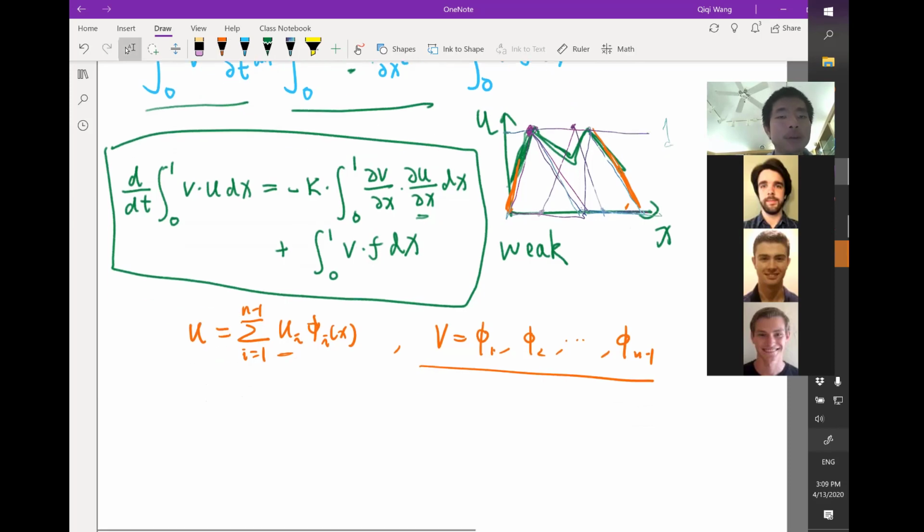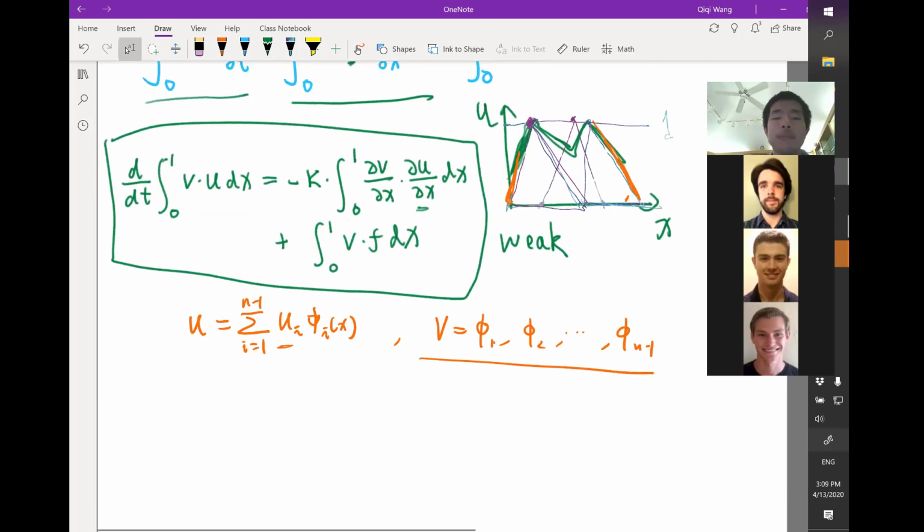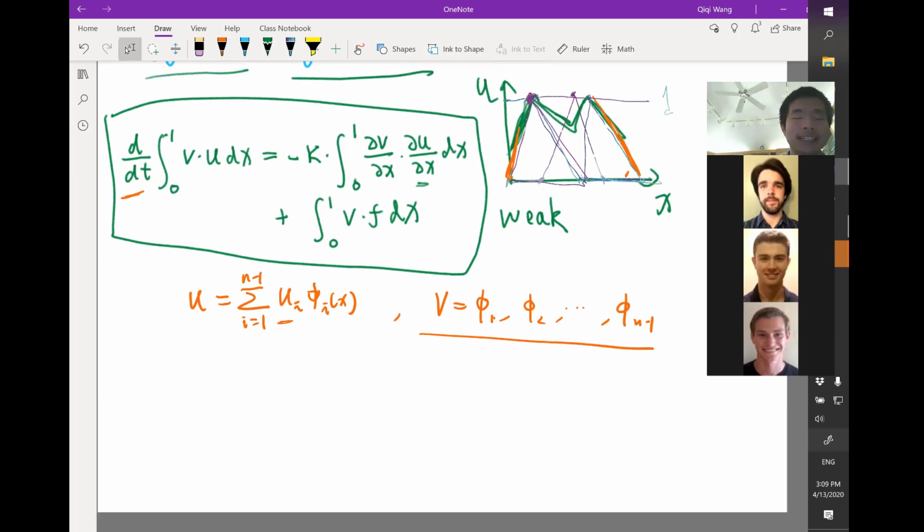The only difference between what we have here and what we got before is that these n minus 1 equations are no longer just simple linear equations. We no longer get Ax equal to b. What we get is n minus 1 coupled ordinary differential equations, because now we have this time derivative. All right, let's see how we get that.